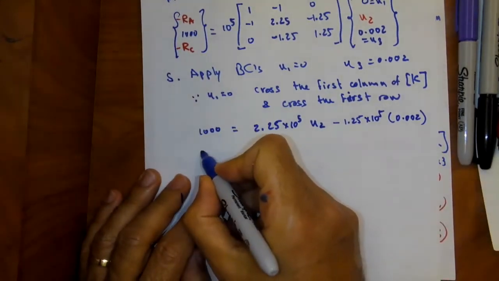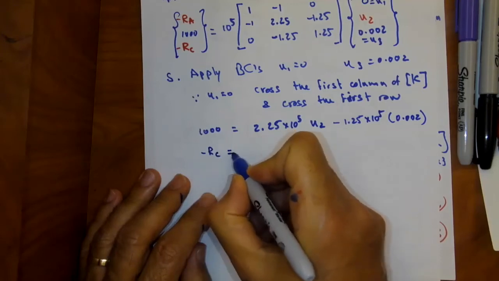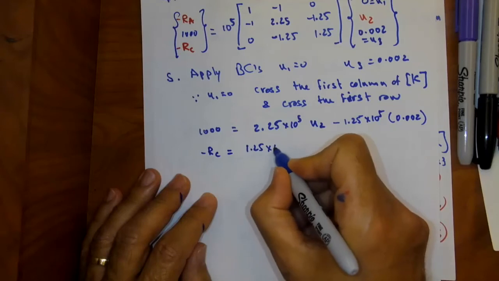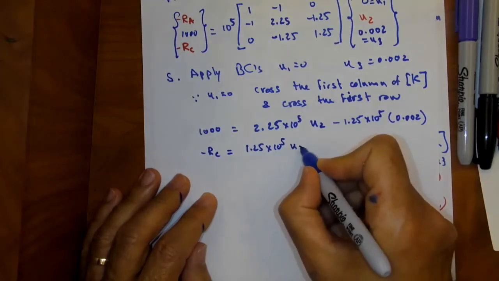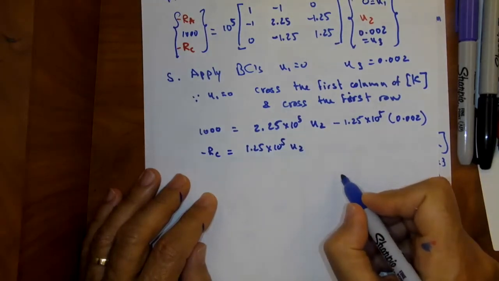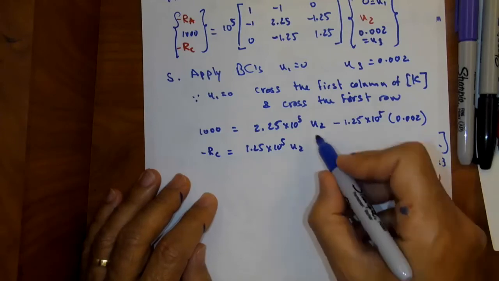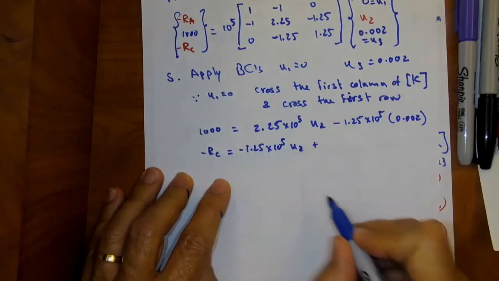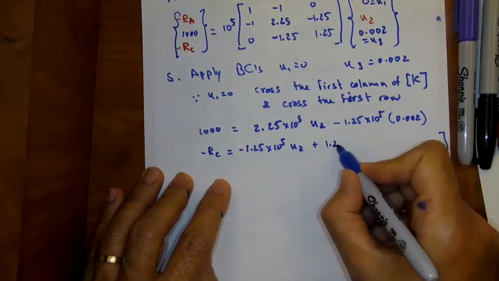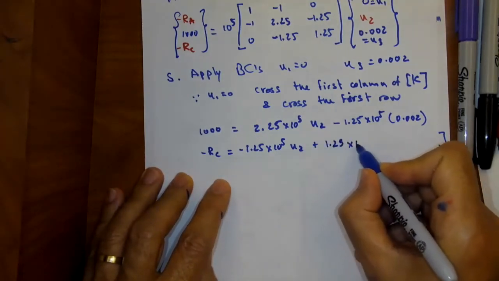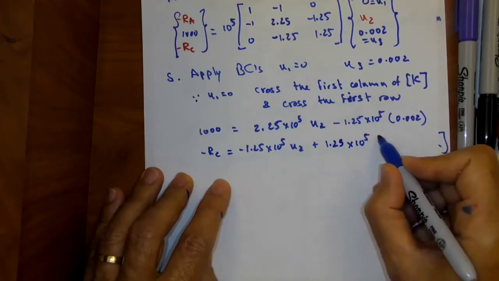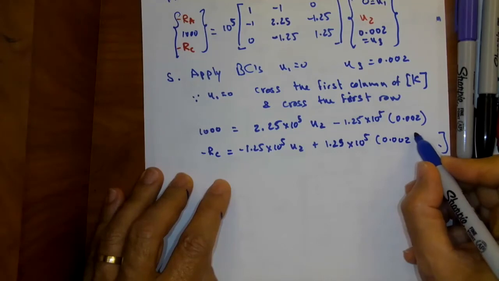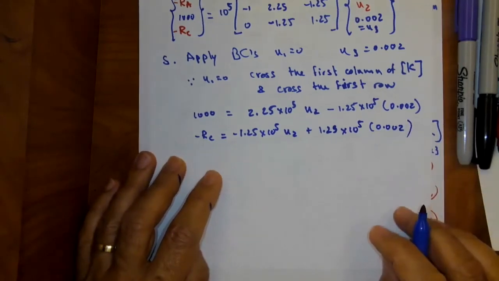And I also get minus RC is equal to 1.25 times 10 to the power 5 U2 plus, there is a minus sign here, sorry, plus 1.25 times 10 to the power 5 multiplied by 0.002.